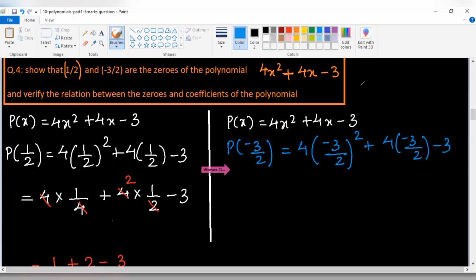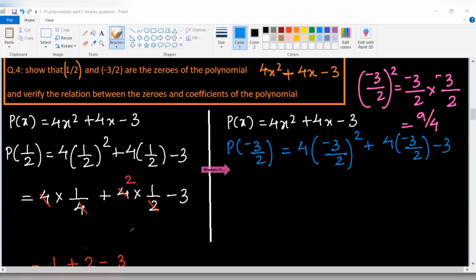Here, minus 3 by 2 the whole square is minus 3 by 2 into minus 3 by 2. When we multiply two negative numbers, it should be positive. So minus 3 into minus 3, 9, 9 by 4.